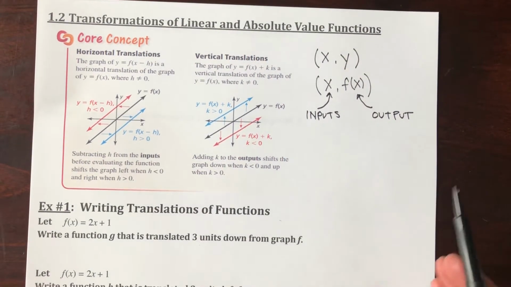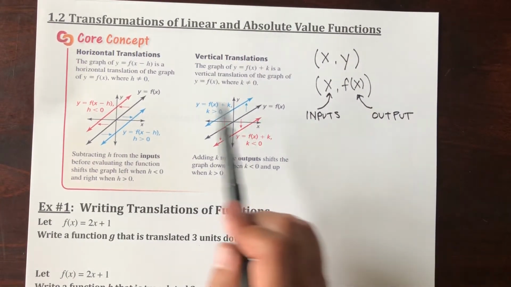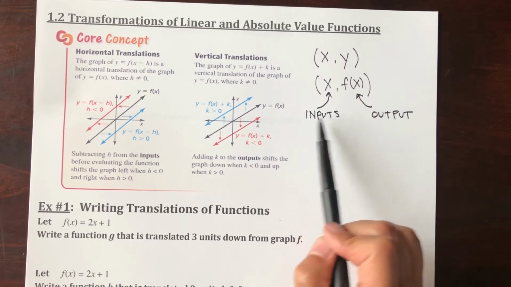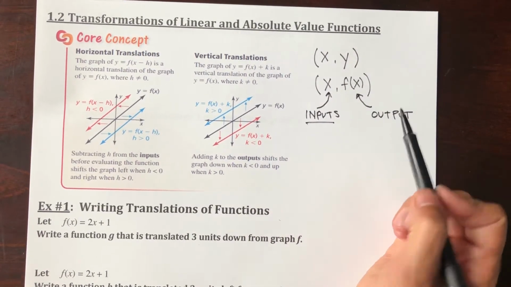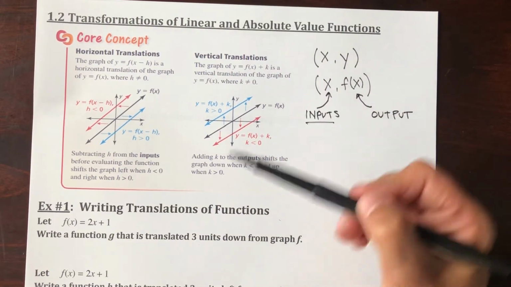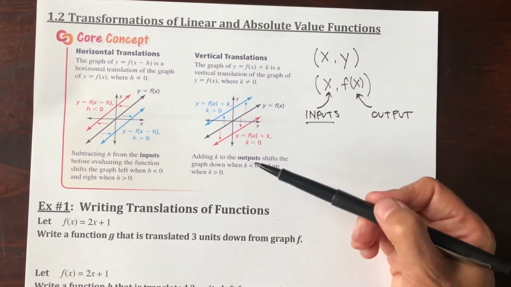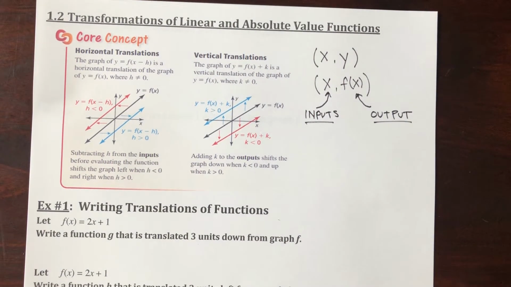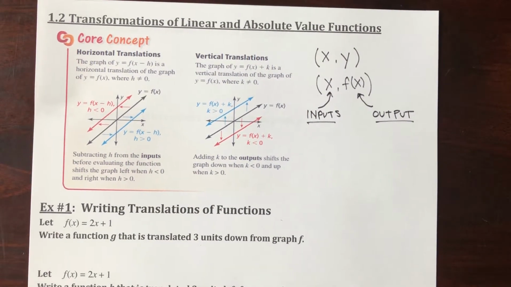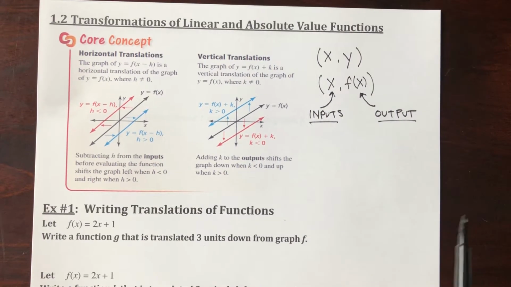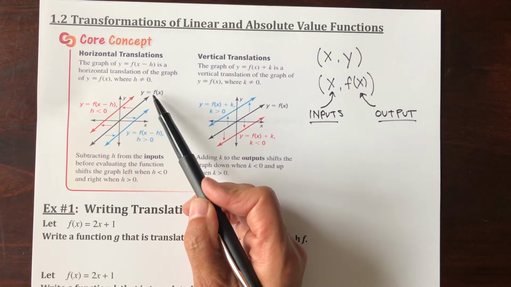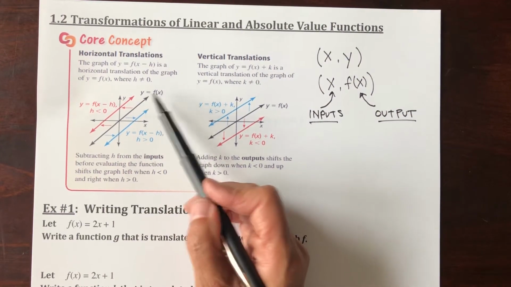Okay, so if we're going to move something left and right, it's going to affect the inputs. If we move something up and down, it's going to change the y values, so we're changing the outputs. Keep that in mind. You can see that here, in black is our parent function, y equals f of x.